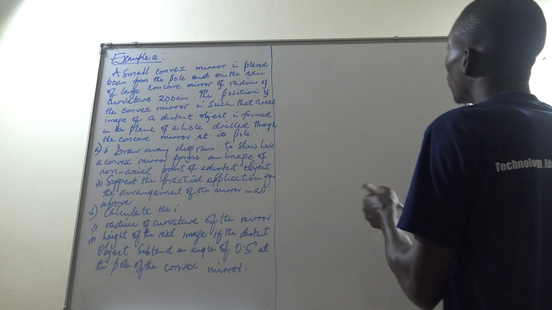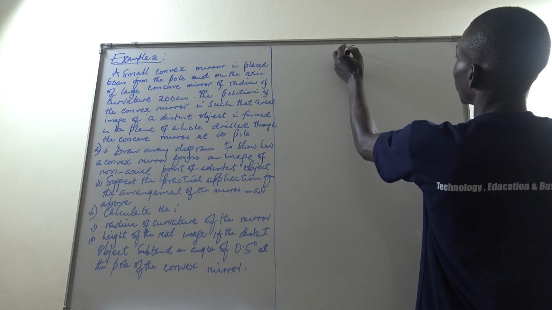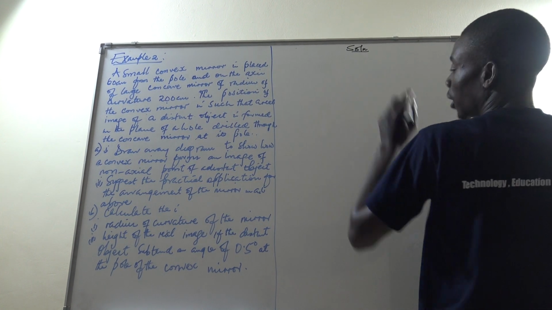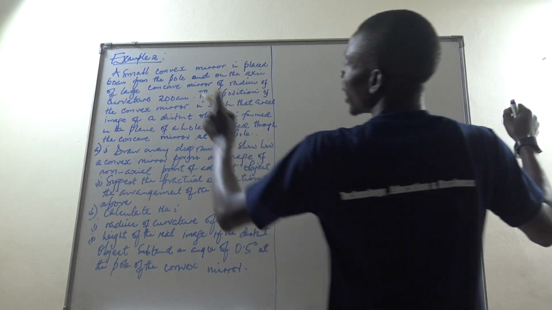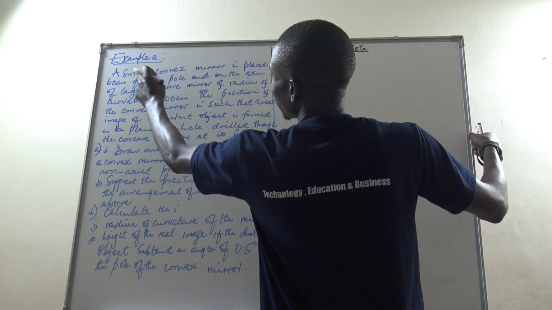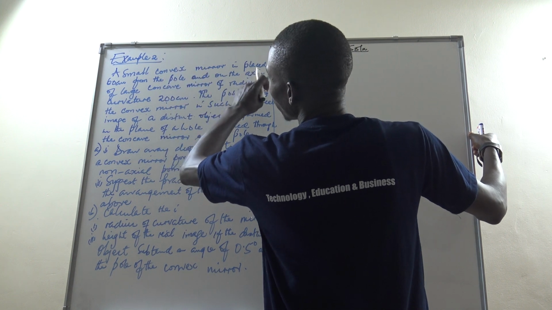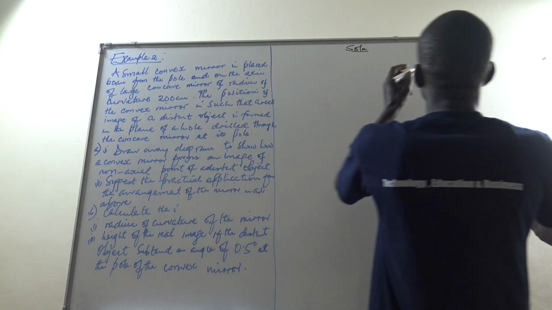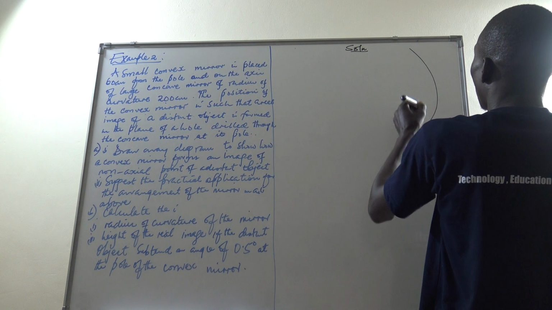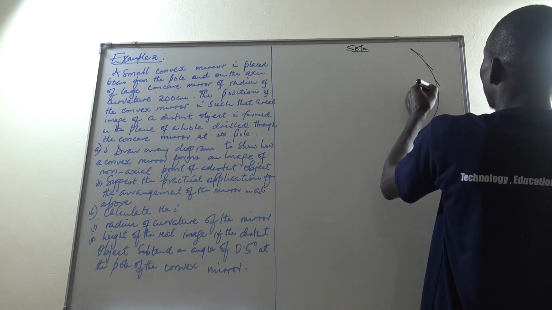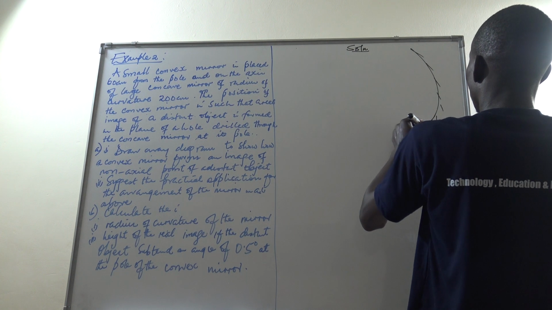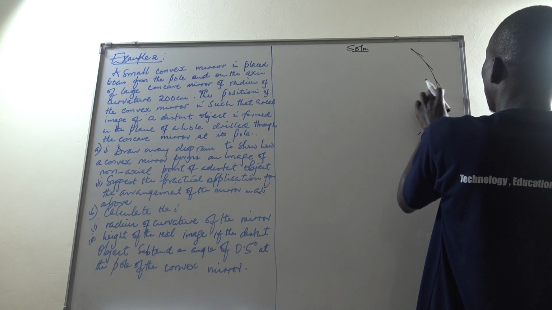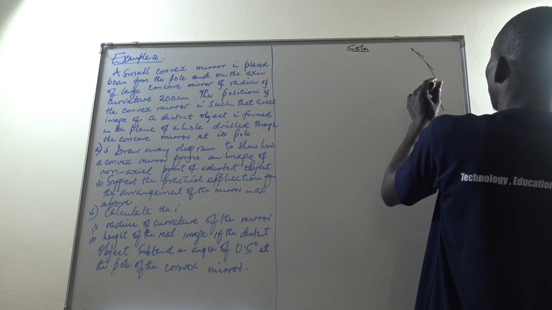So when we move step by step, we can first draw the ray diagram. They're saying a smaller convex mirror is placed 60 centimeters from the pole and on the axis of a large concave mirror. And I have a very big concave mirror like this. But this concave mirror has a hole at the pole.